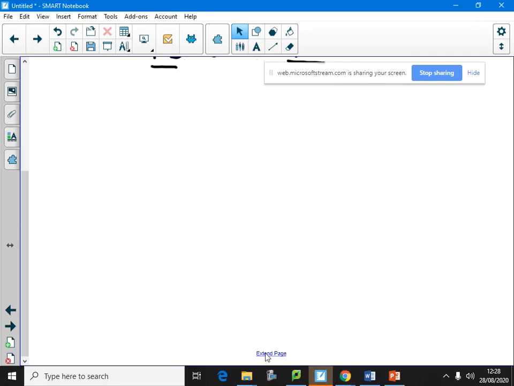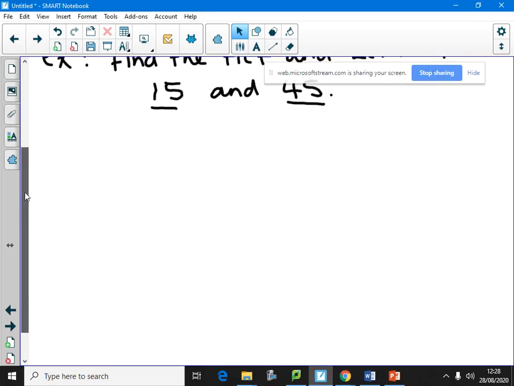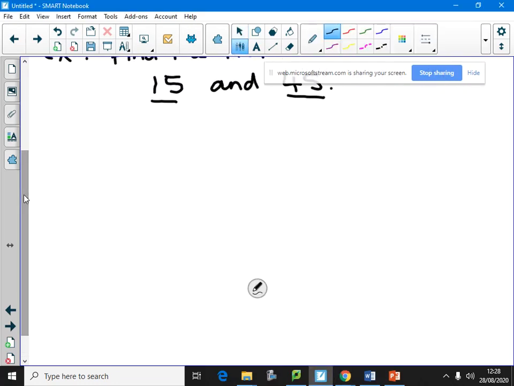So let's extend that. We're going to find the HCF and LCM of 15 and 45. The first thing I do is think about what numbers go into 15 and 45. Now, I know 15 will go into 15, and 15 will go into 45 three times. Let's not do that.